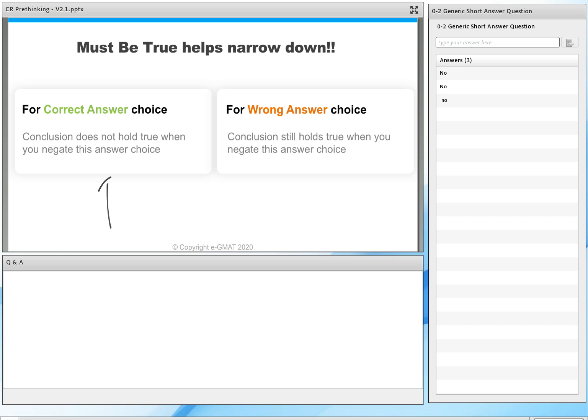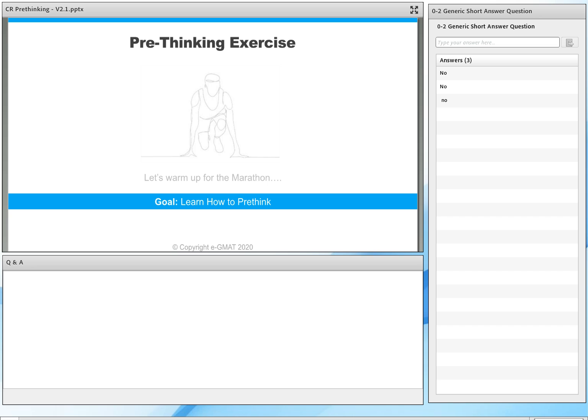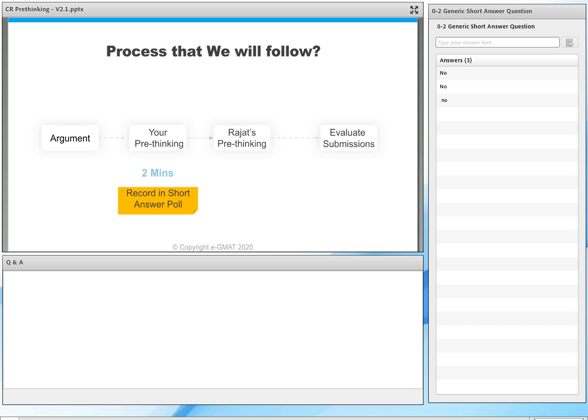Now, how would we do that? Just to summarize, for the correct answer choice, the conclusion will not hold true if you negate it. For the incorrect answer choice, the conclusion will still stay strong as you negate that answer choice. So we're going to do a pre-thinking exercise, and our objective is to learn how to pre-think. The process that we'll follow is I'm going to give you an argument, no answer choices, because once I give you answer choices, you think in the context of those answer choices.